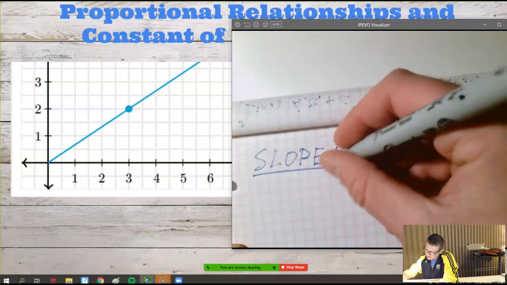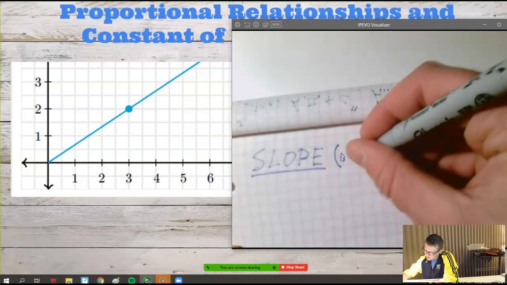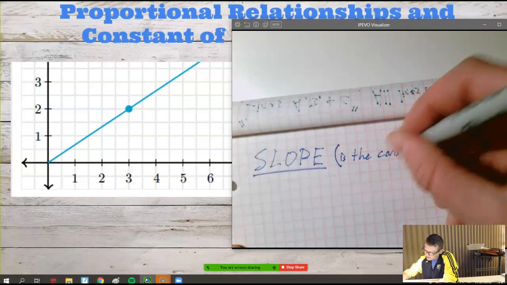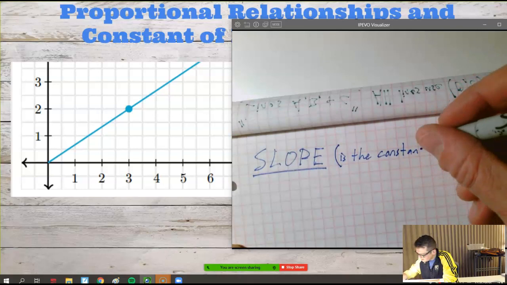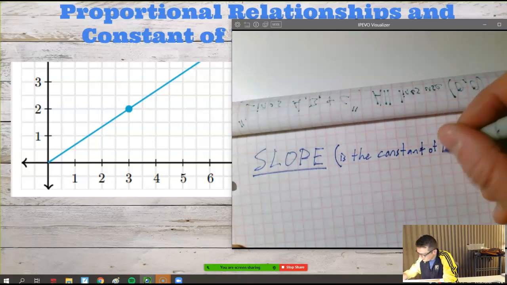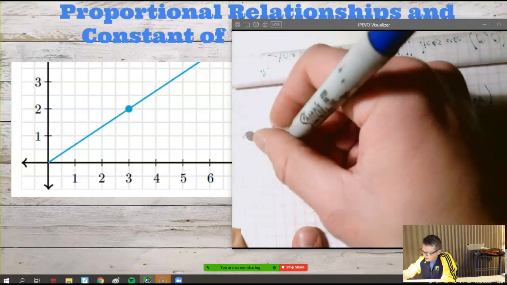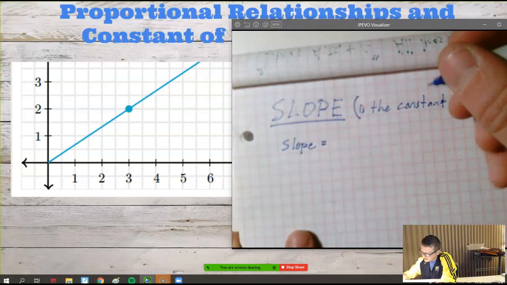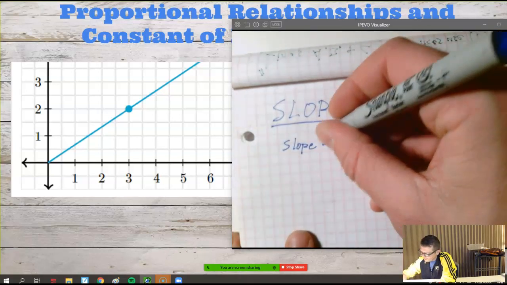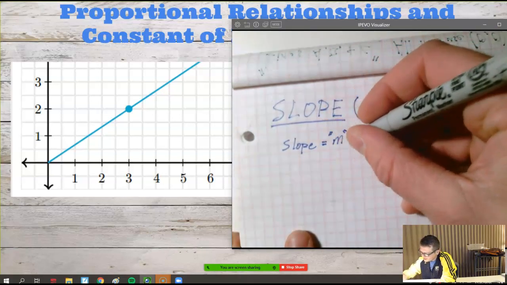Slope is the constant of proportionality. And we can say slope is often referred to as M. Don't necessarily ask me why.